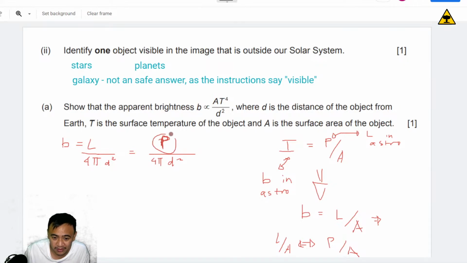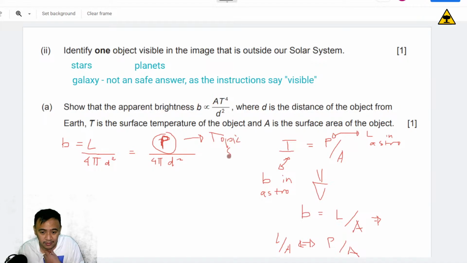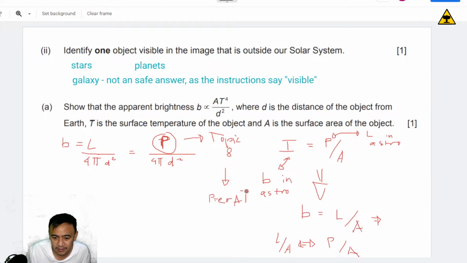And this power is what now? We can take this from topic 8. Power is emissivity, Boltzmann constant, area, temperature to the power 4. So you put that in, right? What happened to the area?